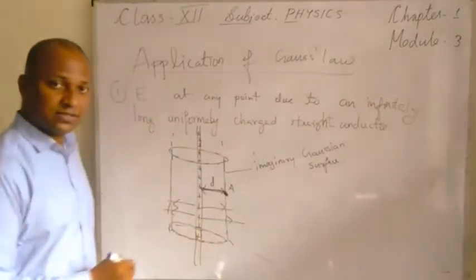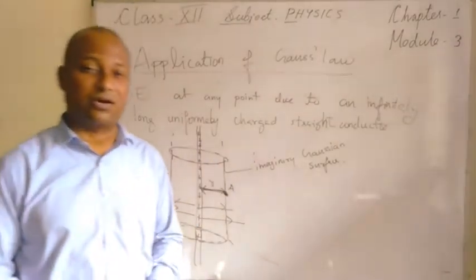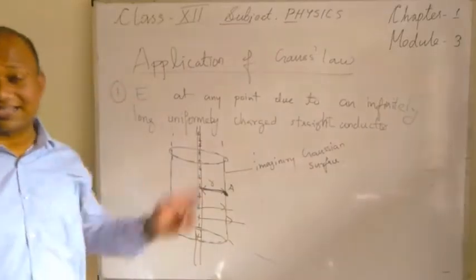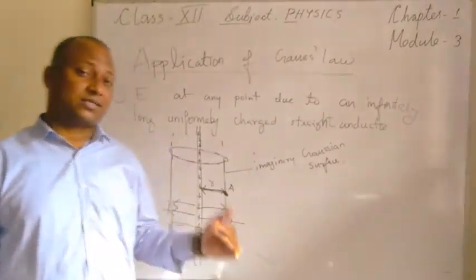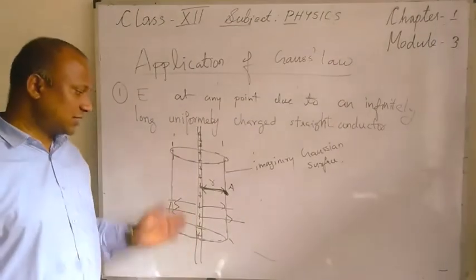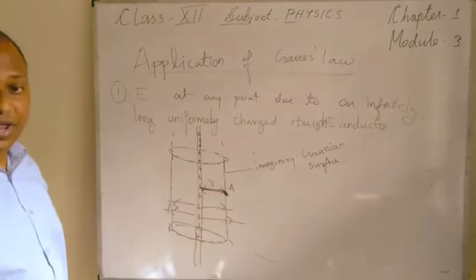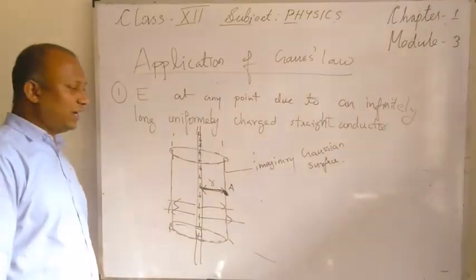This must be the distance, or you can write simply R. R is the radius of the Gaussian surface. Actually, this R is the perpendicular distance from the uniformly charged wire, the charged conductor, to the point where we are finding the electric field intensity.